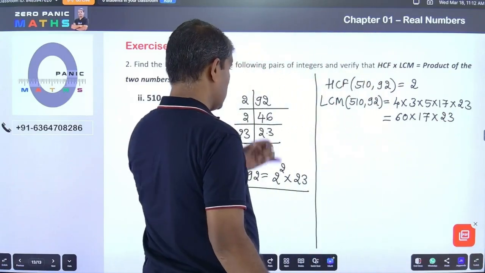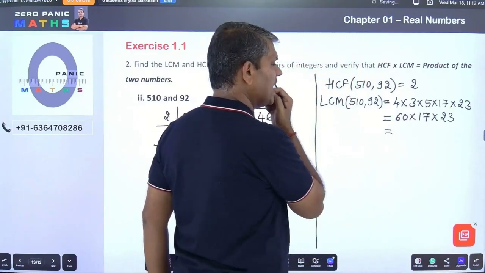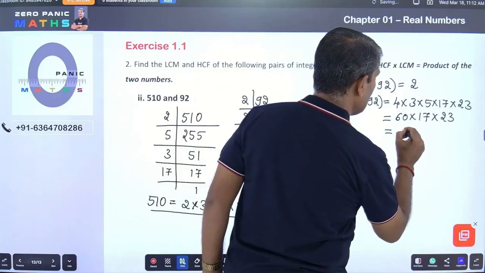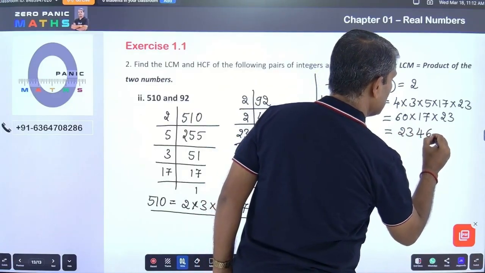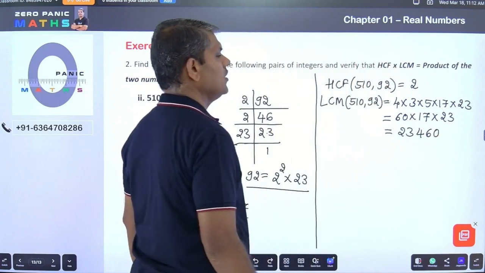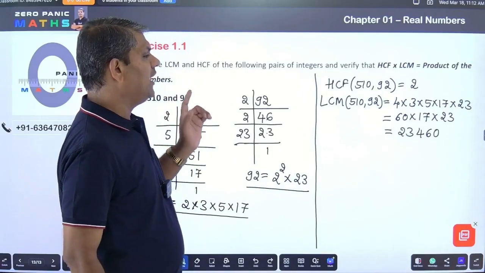Finally, if you multiply this, it will sum up to 23460. Okay, so 23460 is the LCM of 510 and 92.